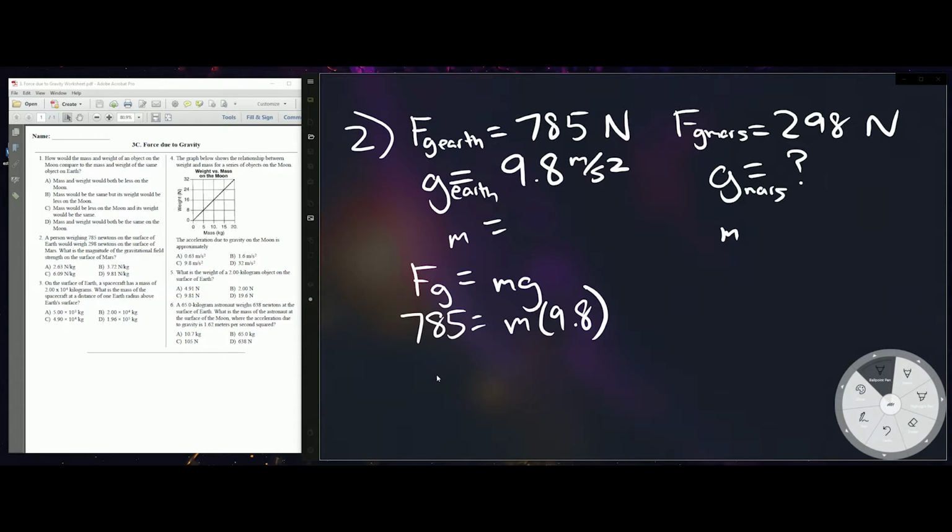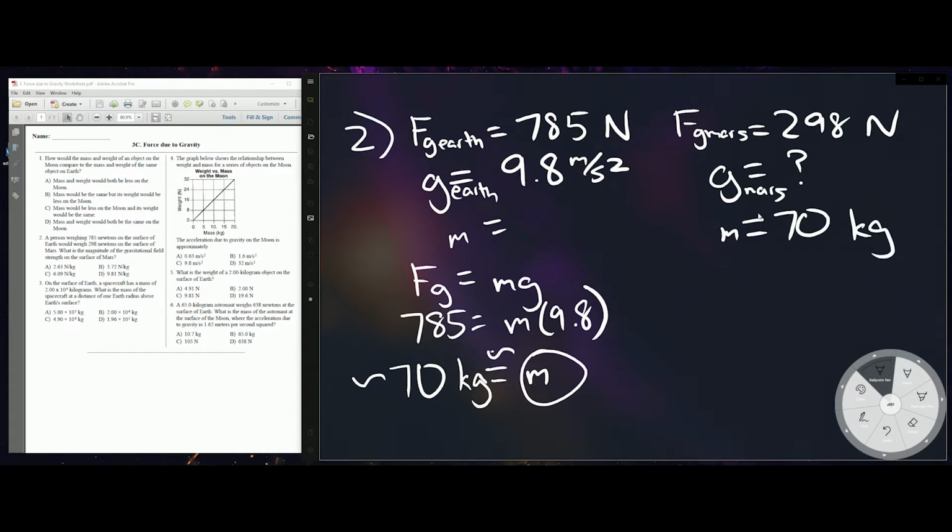So we're going to get somewhere around 70 kg for the mass. Again, if you use a calculator, you're probably not going to get exactly 70. So now we just figured out mass, and we can use it over here.